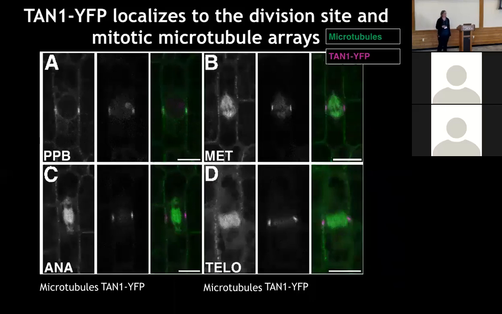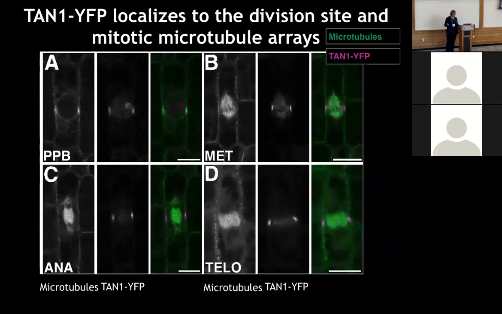And you can also see a weak accumulation of tangled here in the phragmoplast. So it looks like tangled is located in two different locations, one of them at the division site, but one is also in the mitotic microtubule arrays.